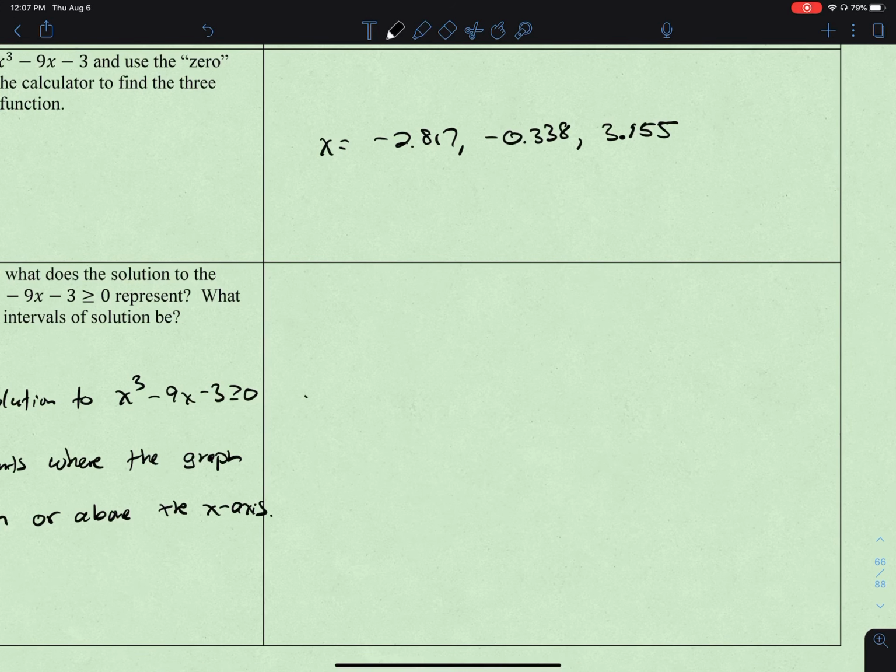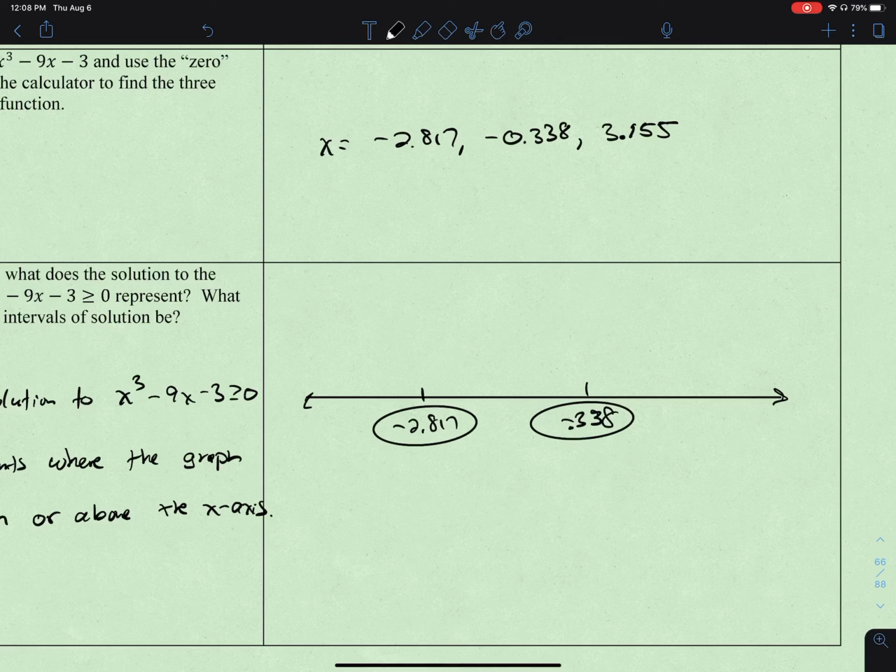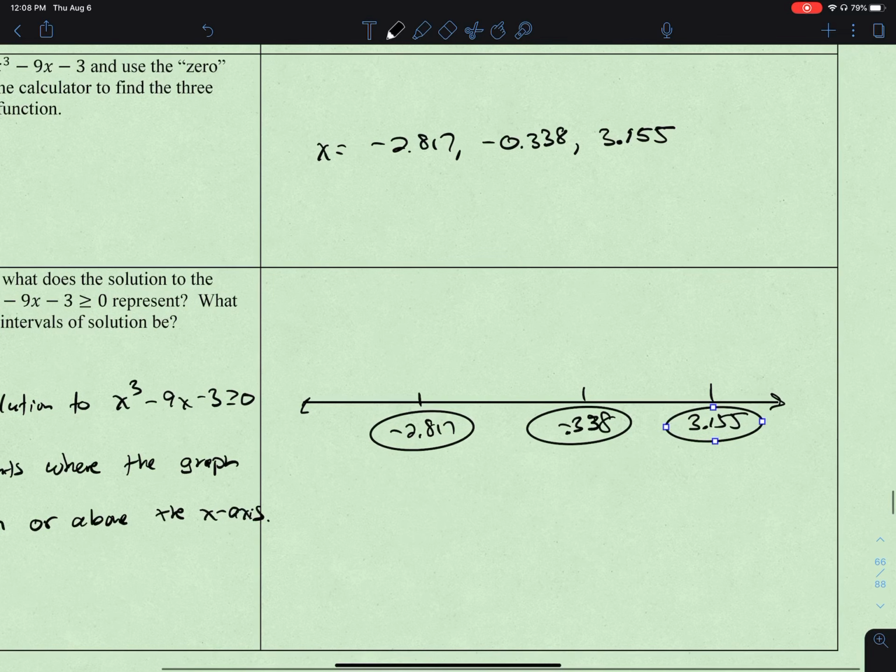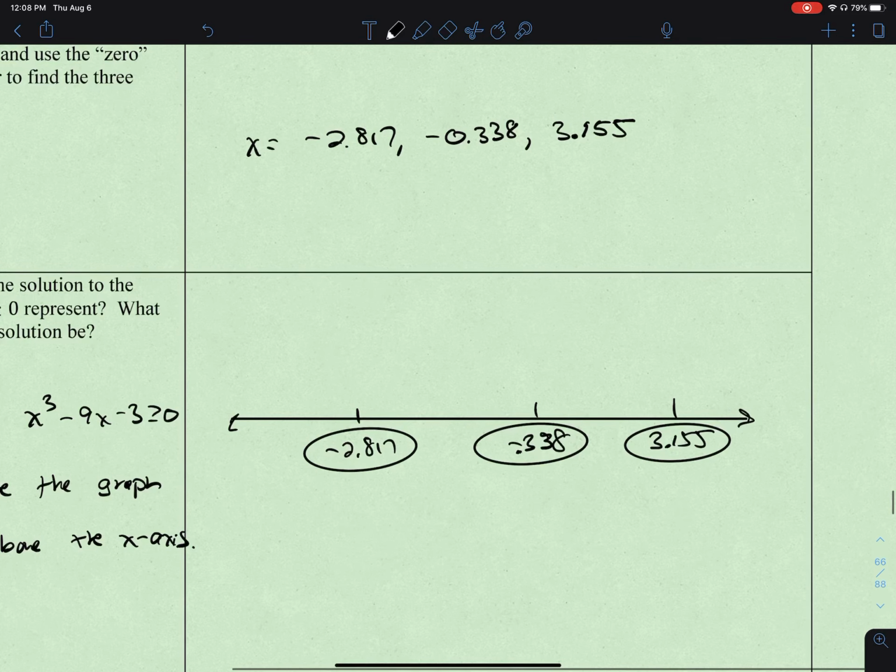So I'm going to make my sign diagram for this. And I'm going to put my x-intercepts, since I didn't factor this, I could still write this in factored form.